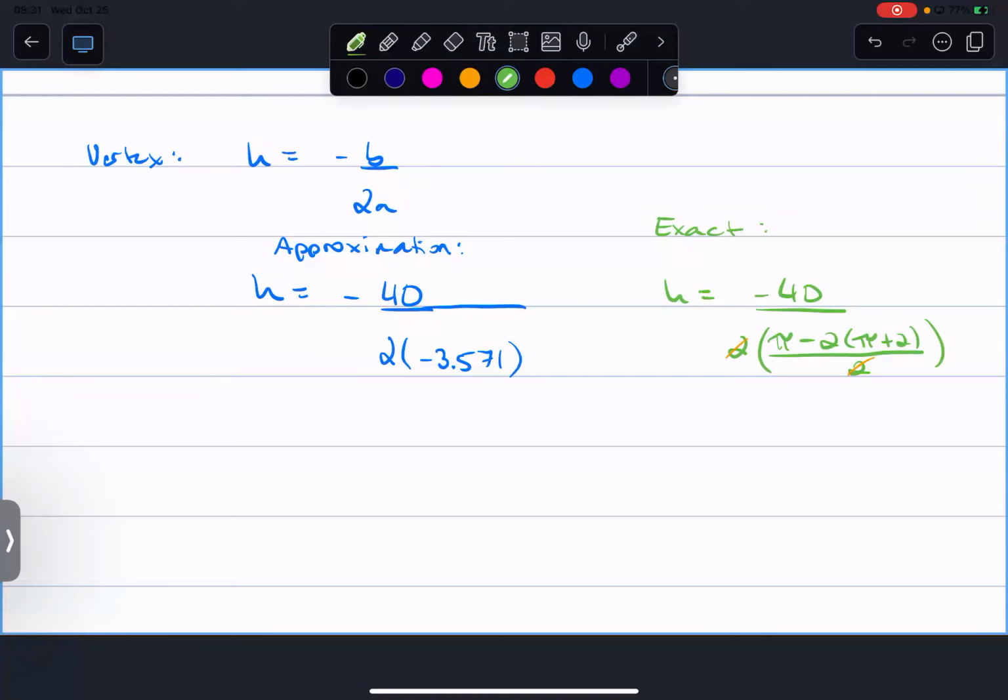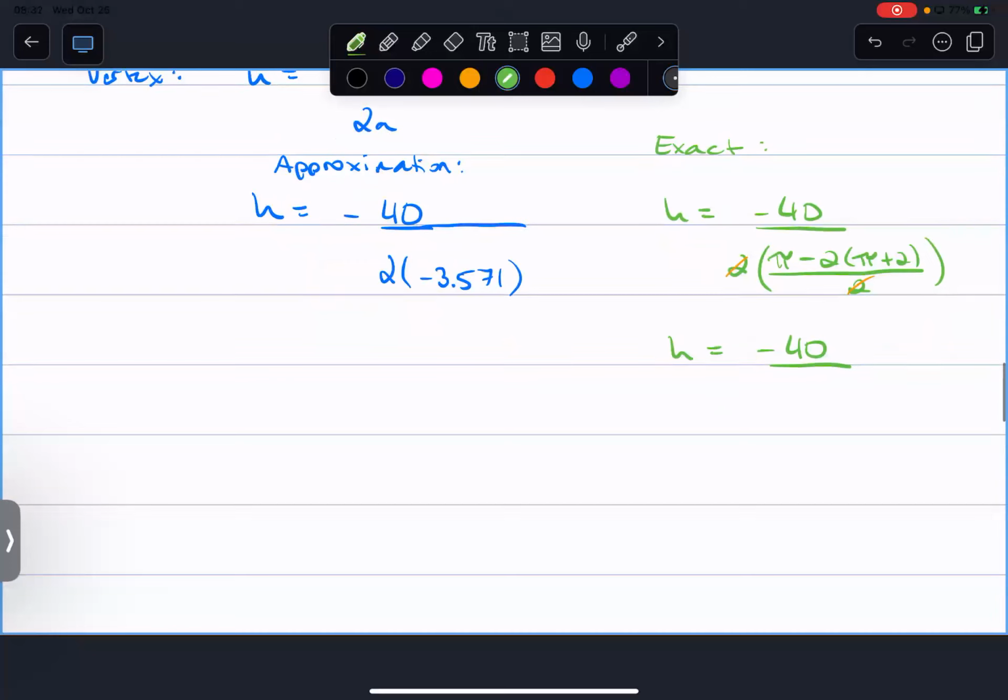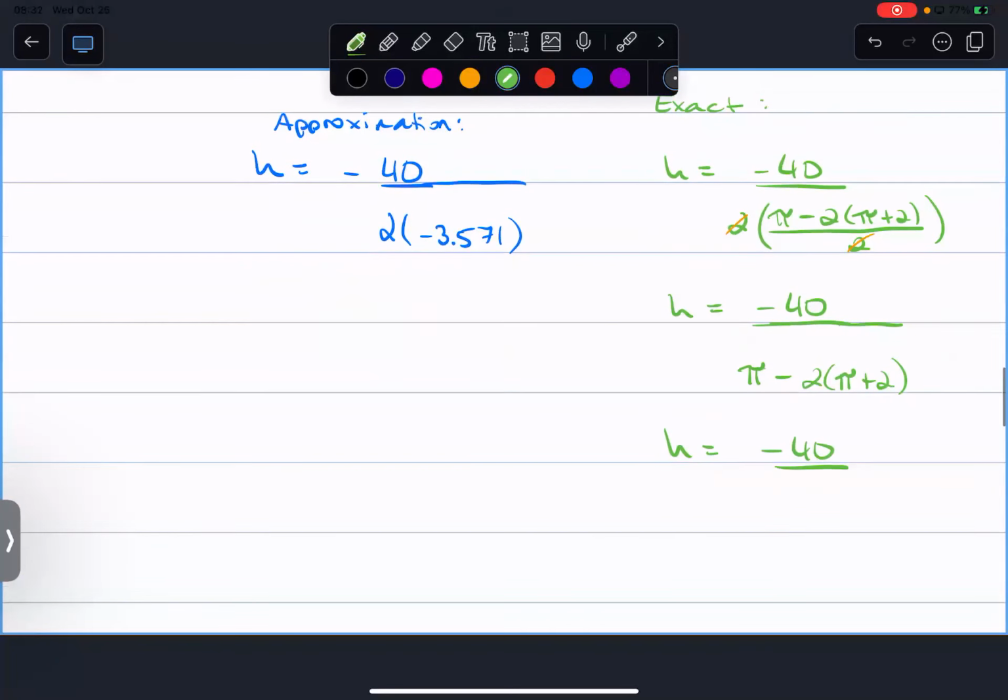And so now I'm left with an h of negative 40 divided by pi minus 2 times pi plus 2, which I can simplify a little bit better. Negative 40 divided by pi minus 2 pi, which is negative pi minus 4.